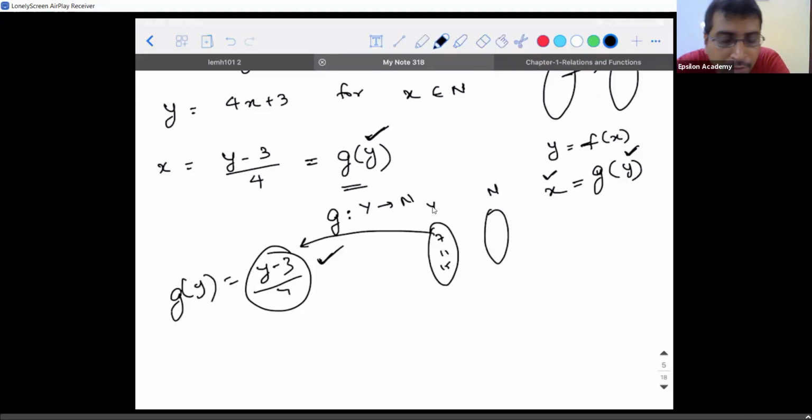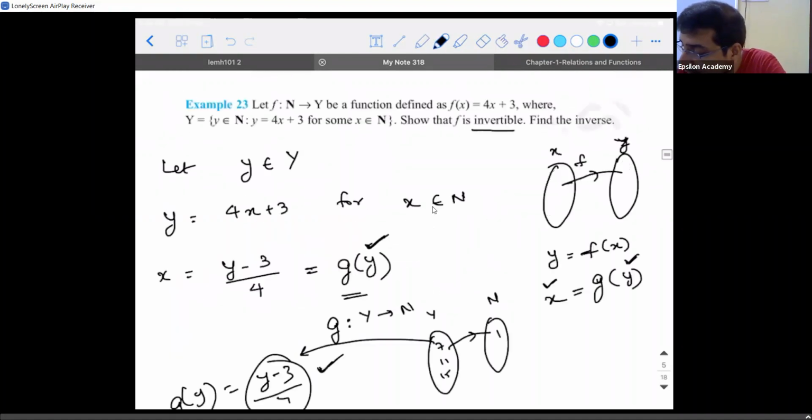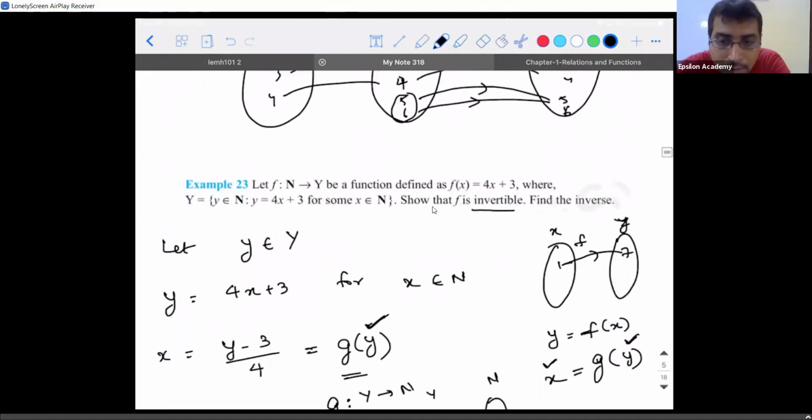When you substitute 7, are you going to get back the element in the reverse order? Yes, sir. 7 minus 3 by 4 will be 1, because 1 only generated 7, no. When you give 11, we'll get 8 by 4, which is 2. You will get the original element only.